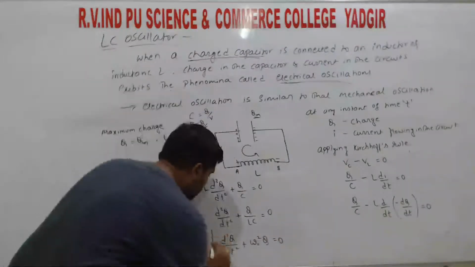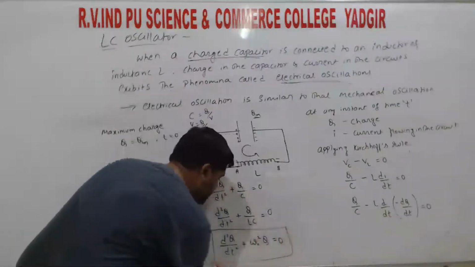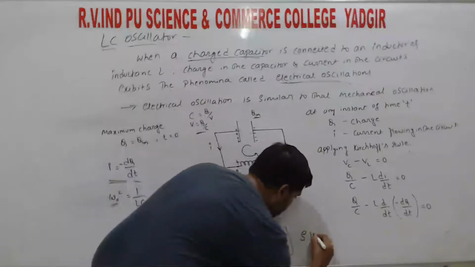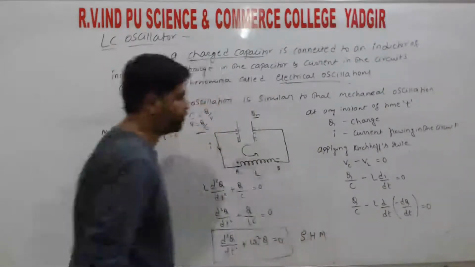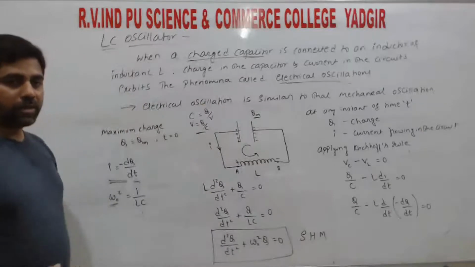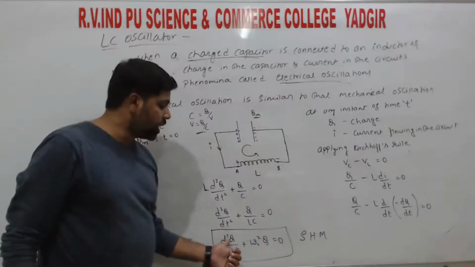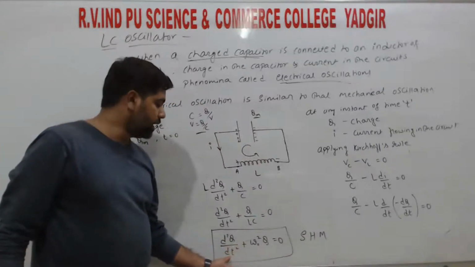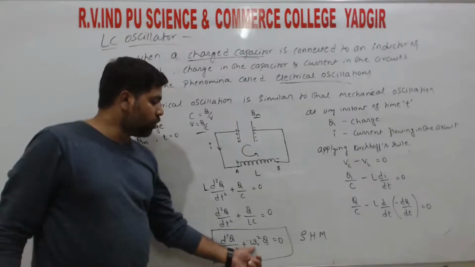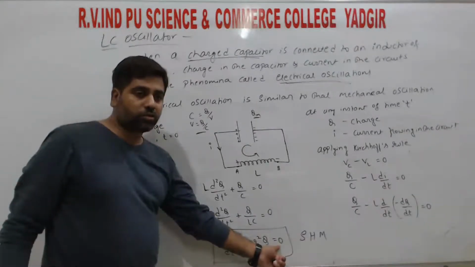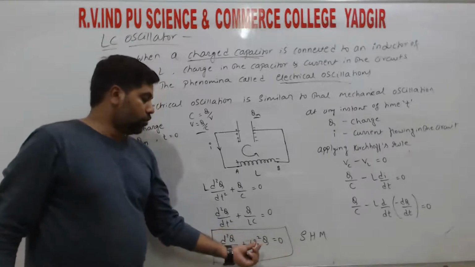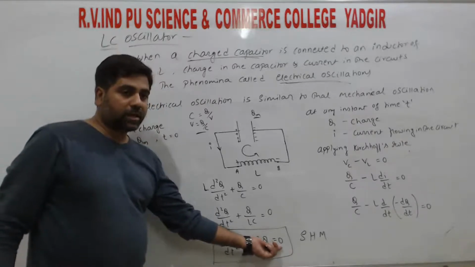So this is the equation which represents simple harmonic motion. Now if you remember in class 11th, there also we have d square x by dt square plus omega naught square x equals 0.